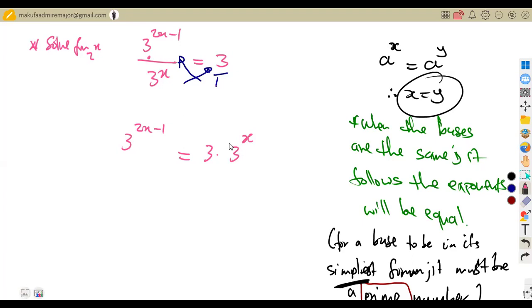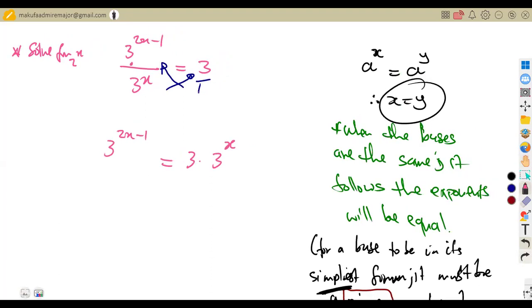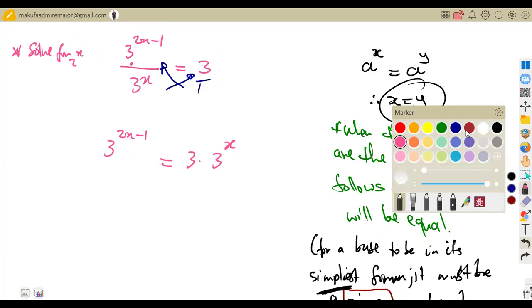I want you to see something in this type of exponential equation. It's another type of question that we are having. Here we talked about the separation of exponents, from the addition or subtraction of exponents.